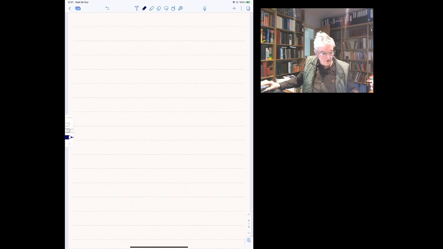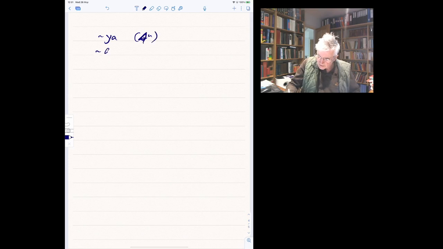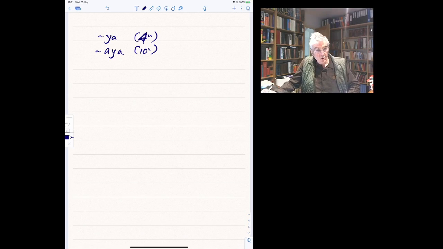Now we will go on to the 10th class of verbs, and they are again virtually identical in formation, save that instead of adding ya, which is the 4th class, it adds aya for the 10th class. And the aya is very, very frequently a causative form. And just a brief aside now for Pali.